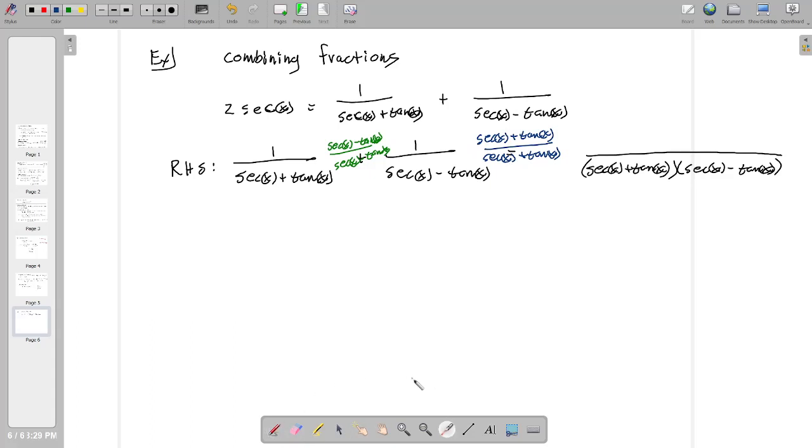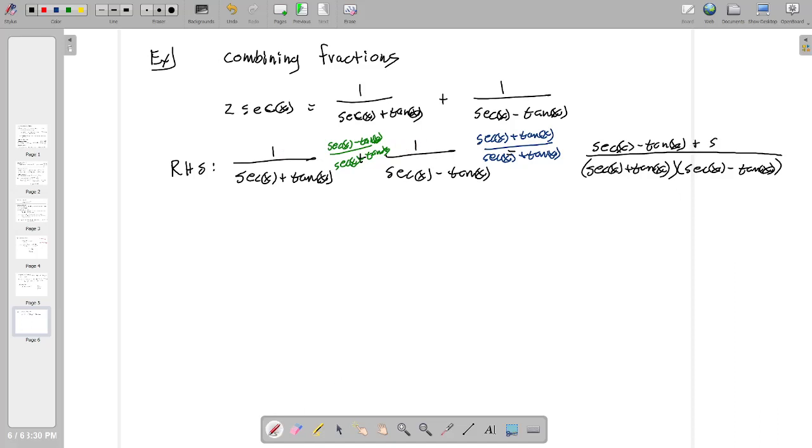Now what's left on top here, because it's 1 times secant x minus tangent x, in the first fraction, we have just secant x minus tangent x. And in the second fraction, the top is just secant x plus tangent x, because again, secant x plus tangent x times 1. And then we have a plus in between, so we have secant x minus tangent x plus secant x plus tangent x.